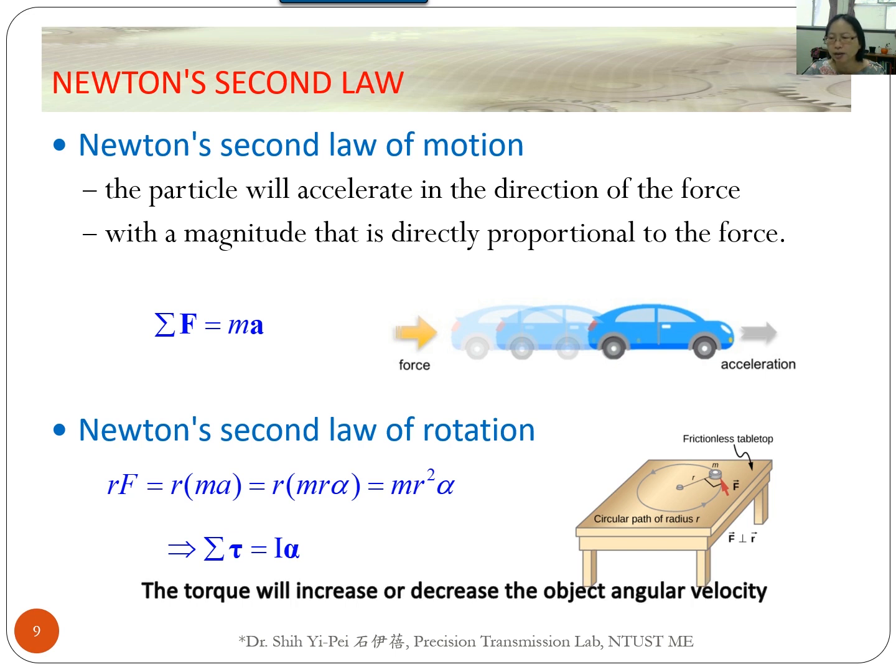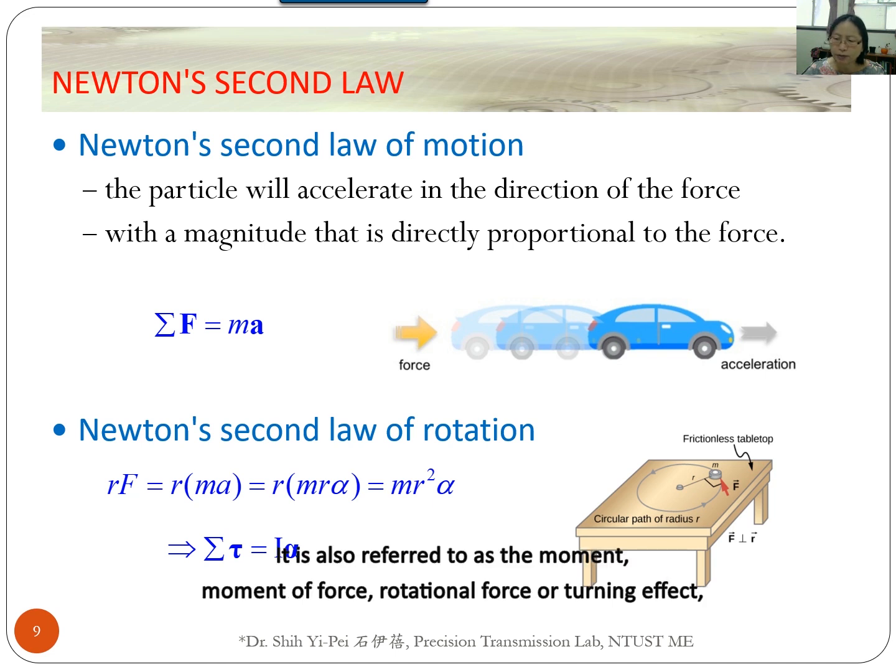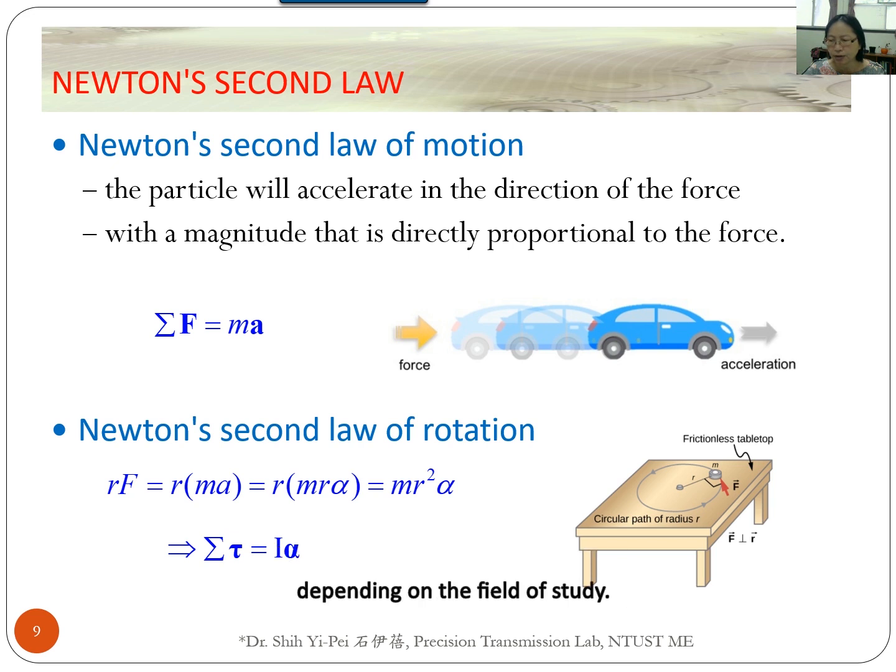The torque will increase or decrease the object's angular velocity according to the direction of the torque. The torque is the rotational equivalent of linear force. It is also referred to as the moment of the force, rotational force, or turning effect, depending on the field of study.